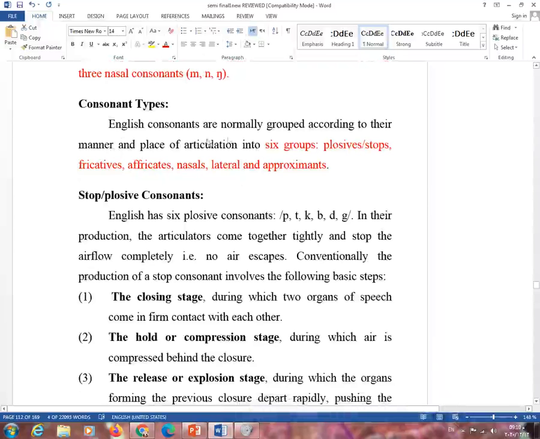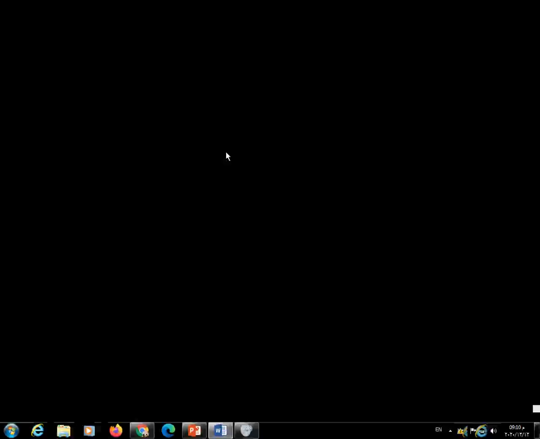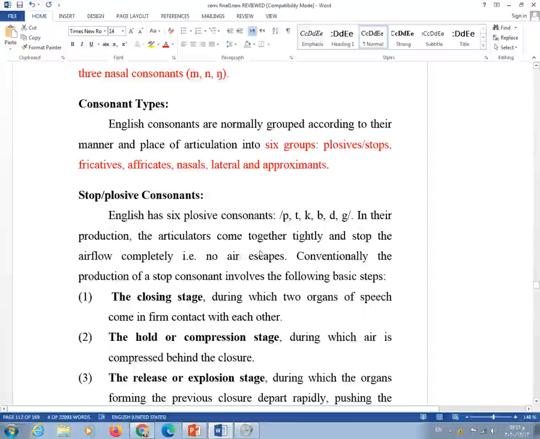In English, consonants are normally grouped according to their manner and place of articulation. These are the 2 important dimensions we use to describe English consonants. And we have 6 groups. 6, don't forget this number. Number 1, plosives or stops. Number 2, fricatives.